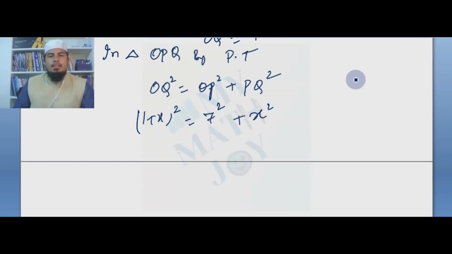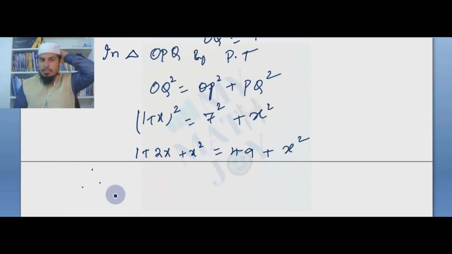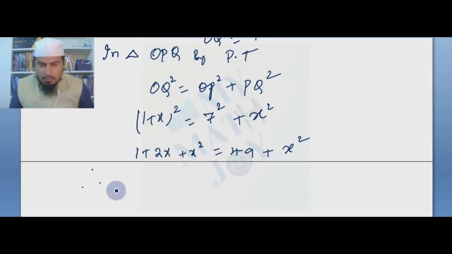Now you can expand this with the help of your basic identities. A plus B whole square: 1 square plus 2AB plus X square is equal to 7 square, 49 plus X square. Can this X square and this X square get cancelled? Yes, you can cancel them because they are of the same sign, but on opposite sides: one X square is in LHS, one X square is in RHS, so you can cancel them.